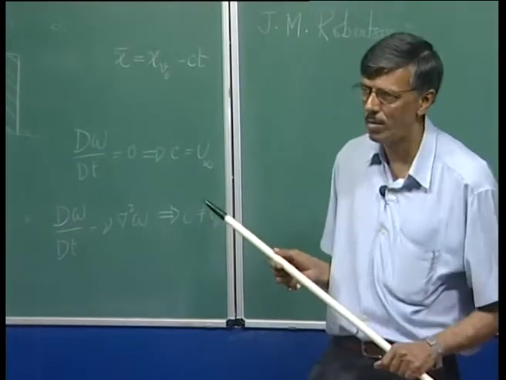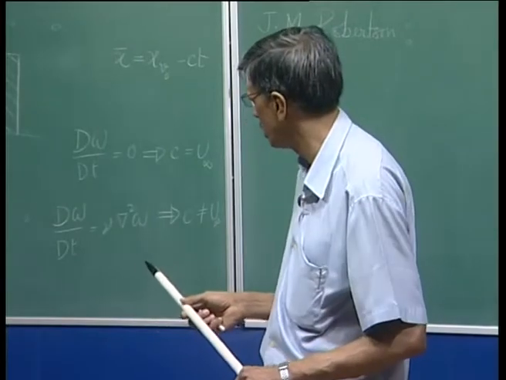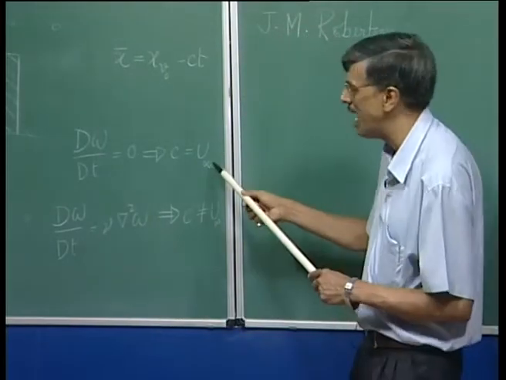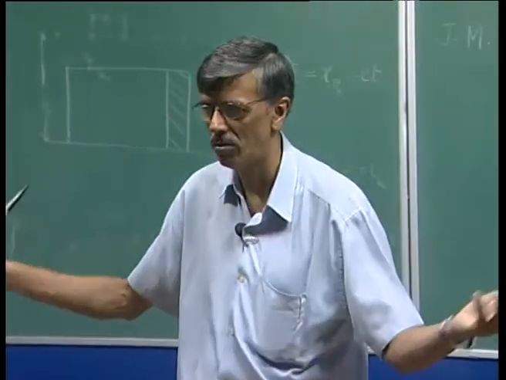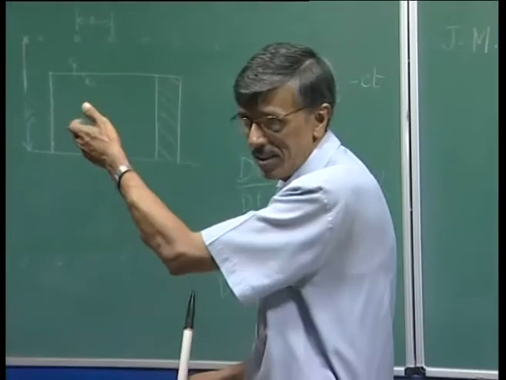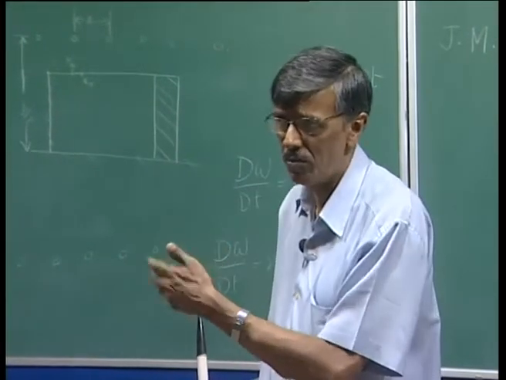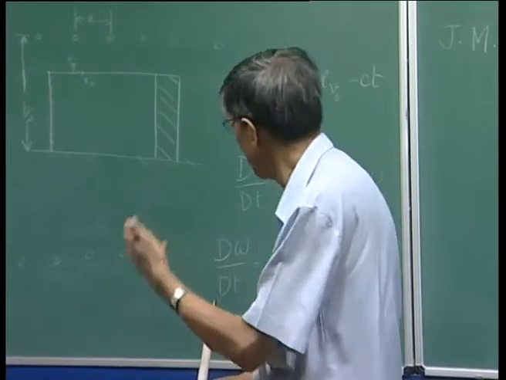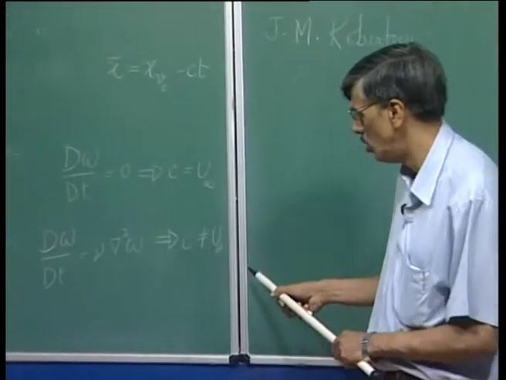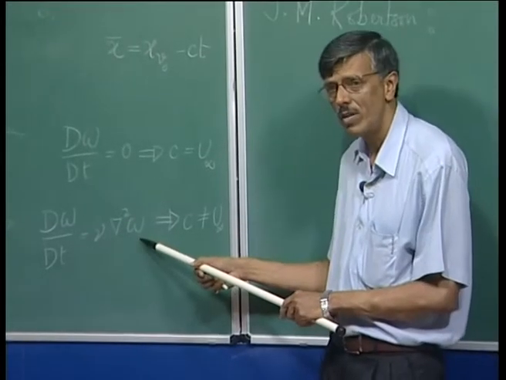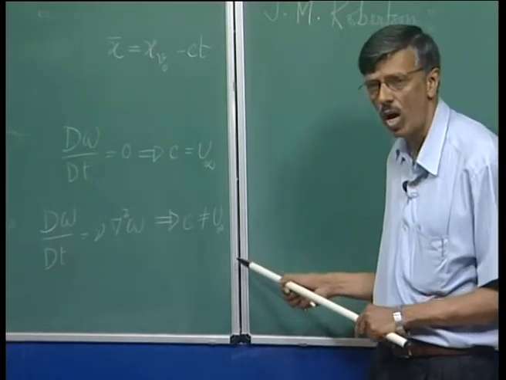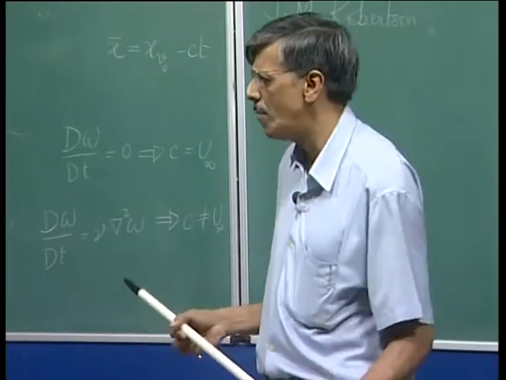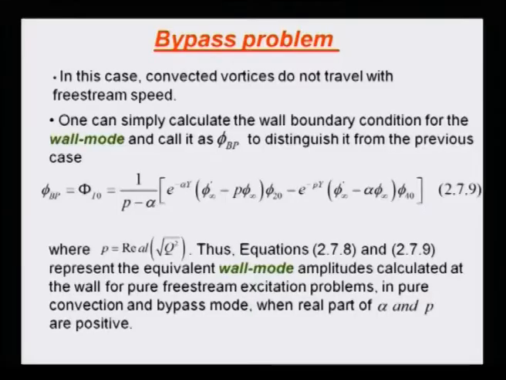If you look at all the publications till we came into the picture, they always used to say, oh, C has to be equal to infinity and there is no receptivity. They also did not realize that there is a case of mode coalescence, etc. This is something we note. But more so, when we are looking at viscous vortices, C is not going to be infinity. And this mode of events occurring is what we are calling the bypass problem.